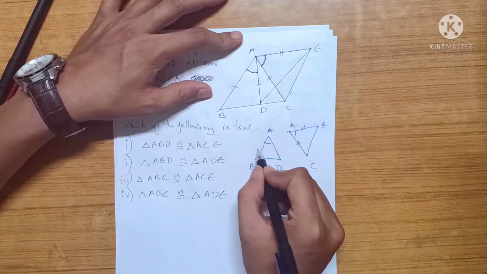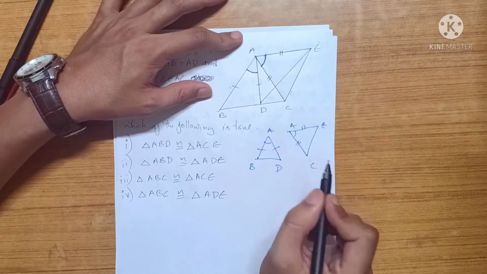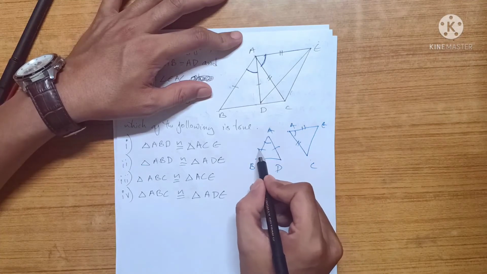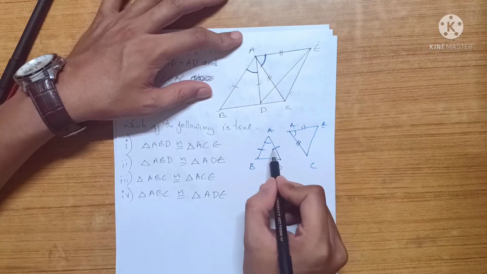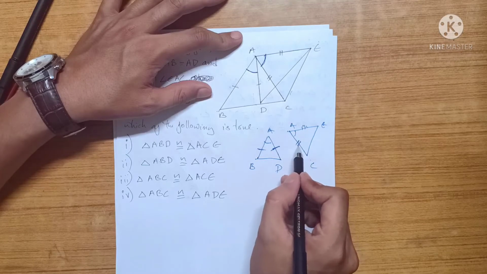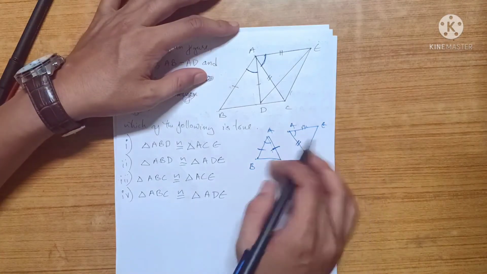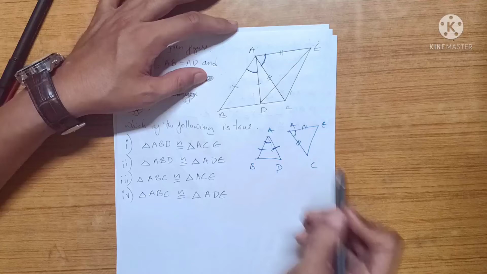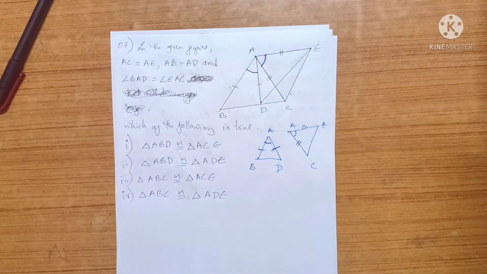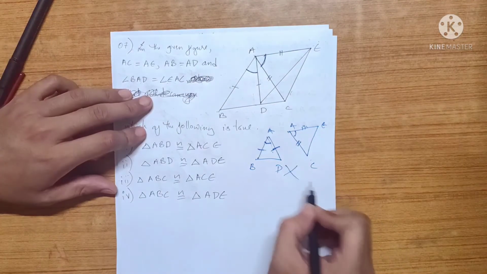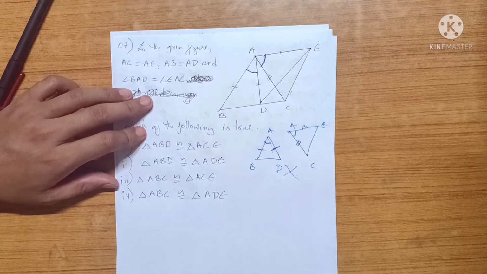These 2 are equal and these 2 are equal, but we don't know about this and this. So this and this might be completely different. We cannot say that these 2 triangles are congruent just because this angle is equal in between them. So we are going to rule this out.